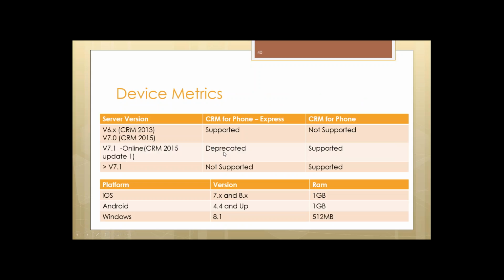The Express application, CRM for Phone Express, is still supported, but after the next release, it will not provide any support. So it's better to use the new CRM for Phone application. The new application is also available for all devices: iOS, Android, and Windows, and the design is similar, so the user experience will be consistent whether using iOS or Android.